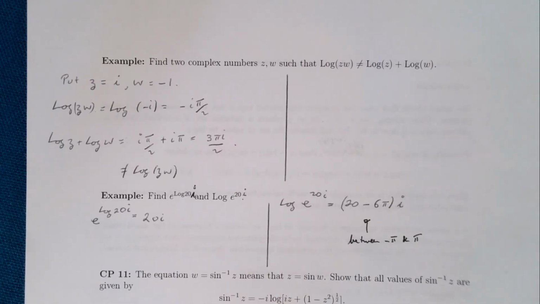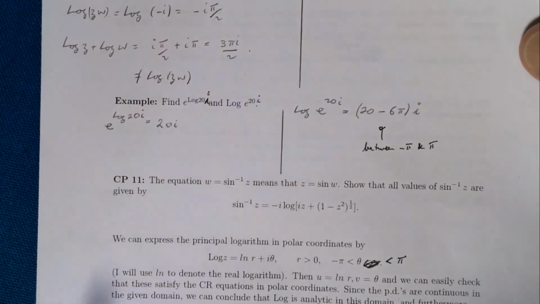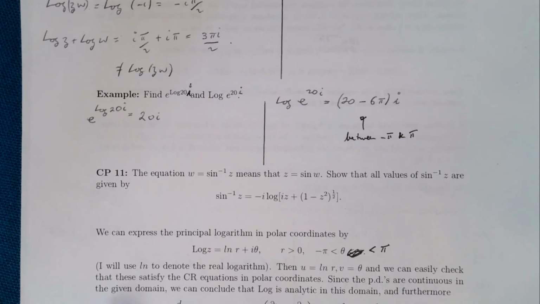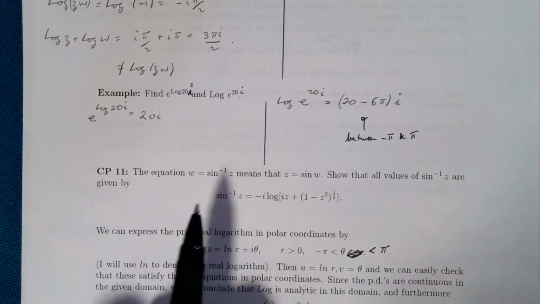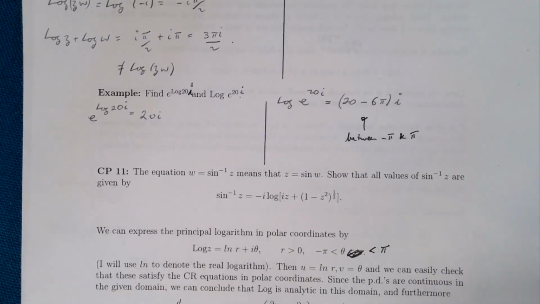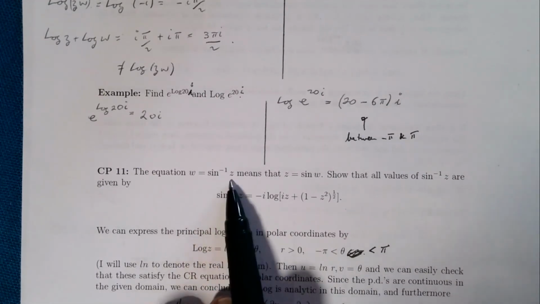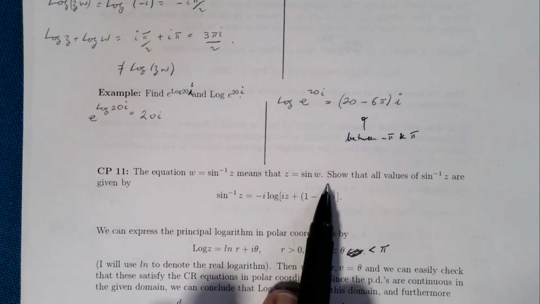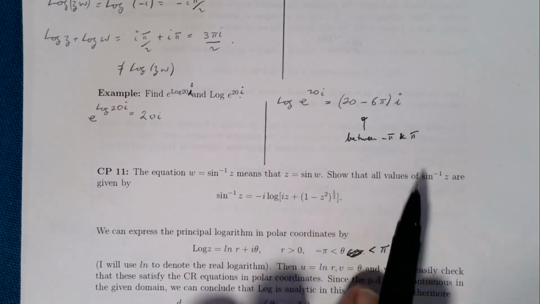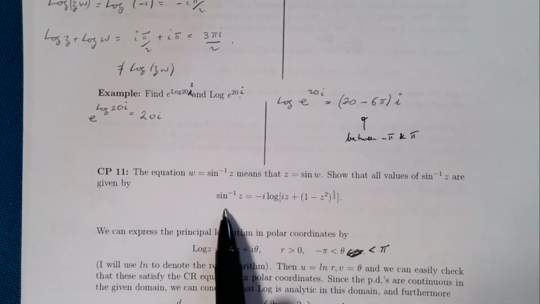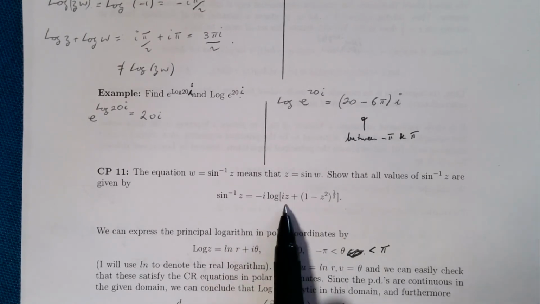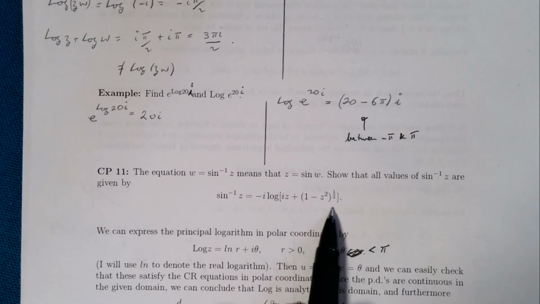Little challenge problem here. You might like to see the connections between the inverse trig functions and the logs. So if we put w as inverse sine z, in other words we say z is sine w, then you're invited to show that the values of the inverse sine of z are given by this expression, minus i log of (iz plus (1 minus z squared) to the half).